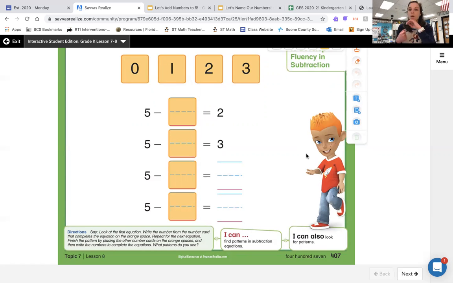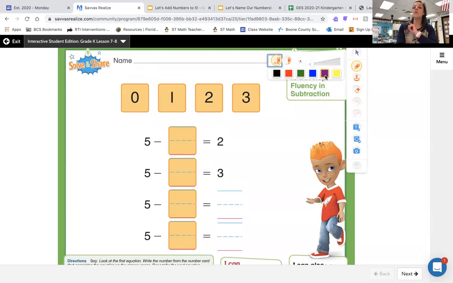Okay, so what we're going to do is try to figure out what numbers are missing in our number sentences, our subtraction sentences, but we can't make any number up. 1, we're going to use our fingers as a strategy. 2, we have number tiles up here that we're going to use, but we can only use one number tile at a time. We can't use more than one, okay?